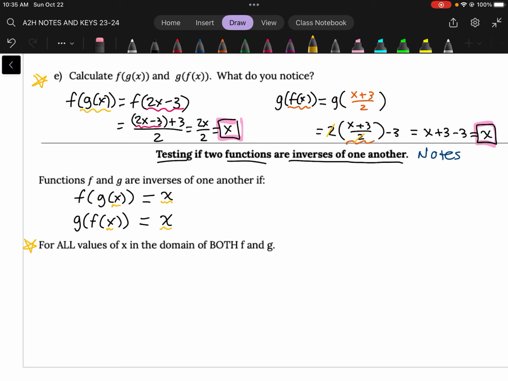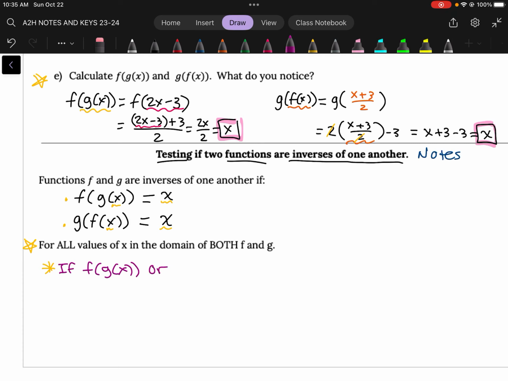Now, this is super, super duper important, okay? You need to make sure that this works, right? First of all, for both of these, and for all the values of x in the domain of both f of g of x, okay? A couple important things here.